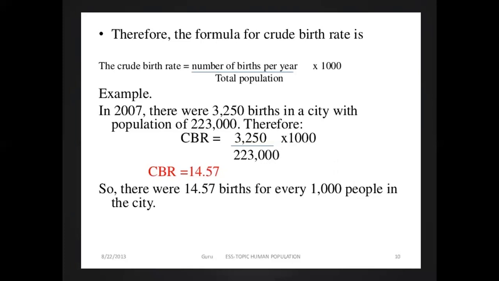After calculating, we get a crude birth rate of 14.57. So there were 14.57 births for every 1,000 people in the city.